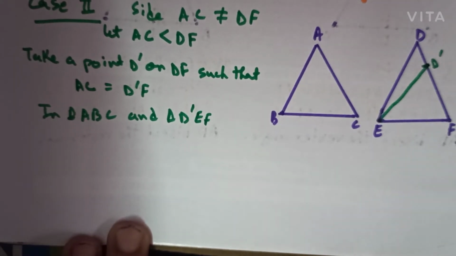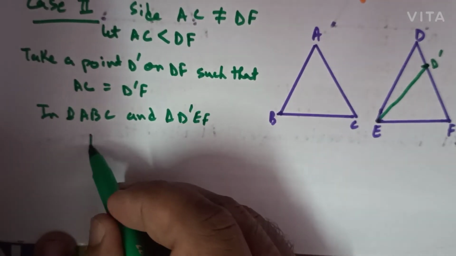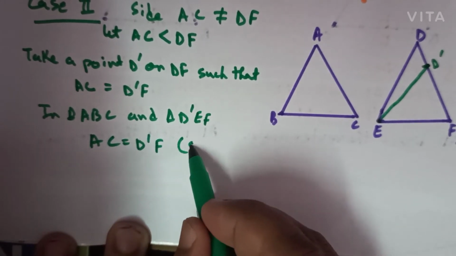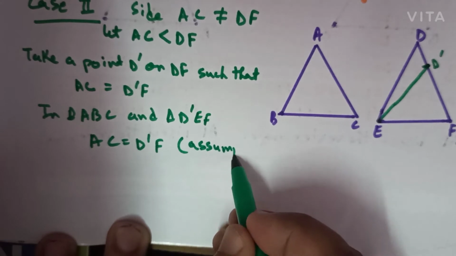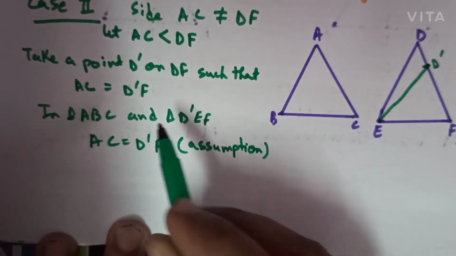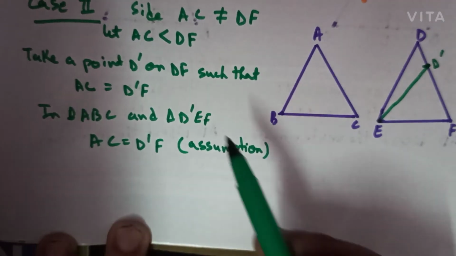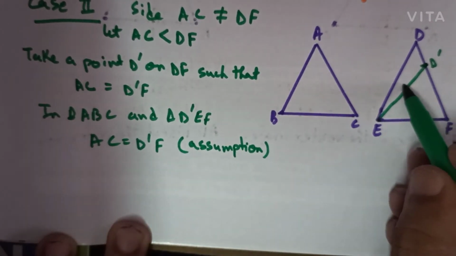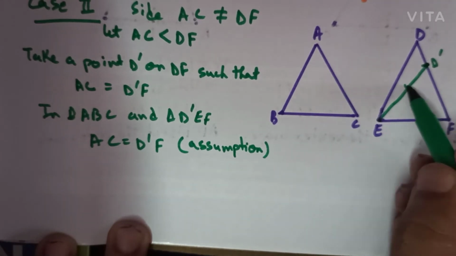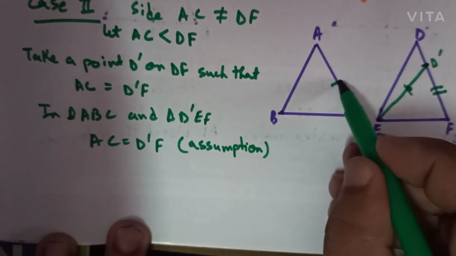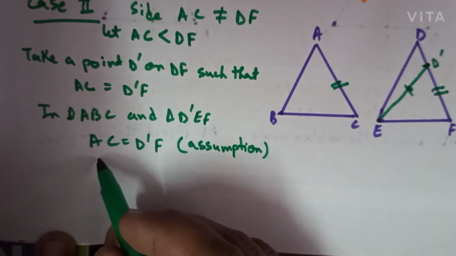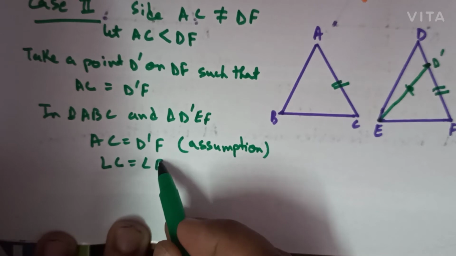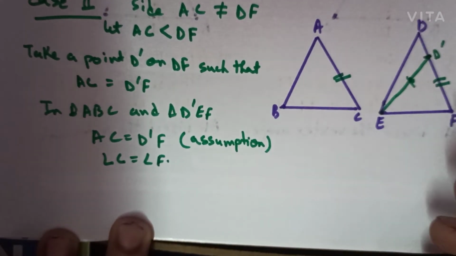Now we can see that AC is equal to D dash F. Why? By assumption. We have taken that point D dash such that AC is equal to D dash F. Angle C is equal to angle F, this is given in the question.